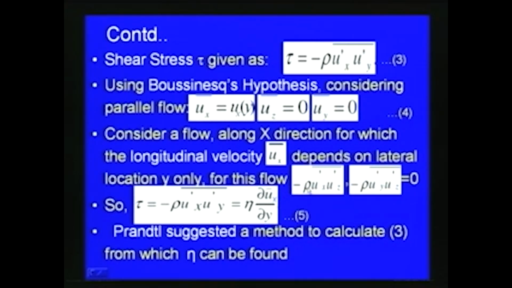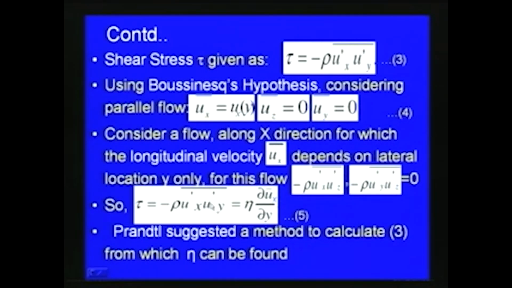So rho u_x dash u_z dash bar and minus rho u_y dash u_z dash bar are equal to 0 for this particular parallel flow case. So he derived the shear stress tau is equal to minus rho u_x dash u_y dash bar, that is equal to eta del u_x bar by del y by using the Boussinesq hypothesis.